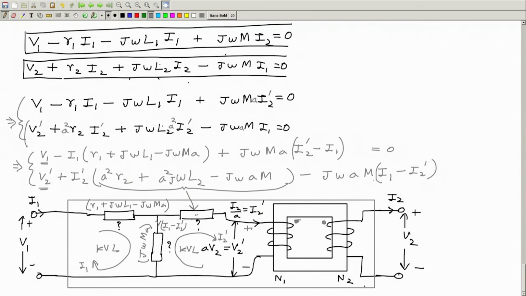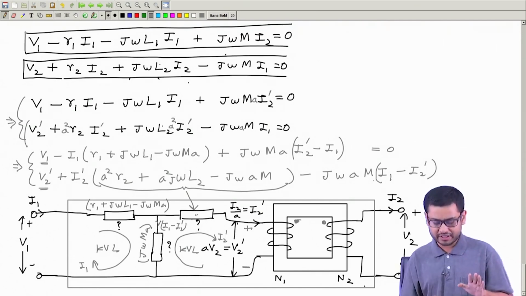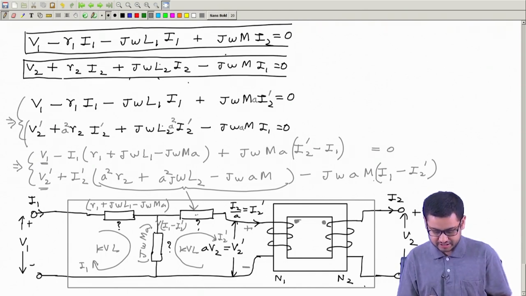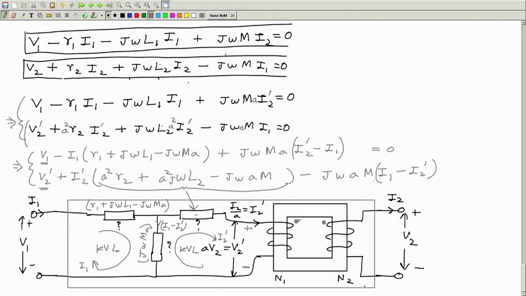So what I have done, you just verify it yourself once, that the KVL equation for these two KVL equations, with the value of this impedance equal to this, the value of this impedance equal to this, and the value of this impedance equal to this, is same as these two equations.